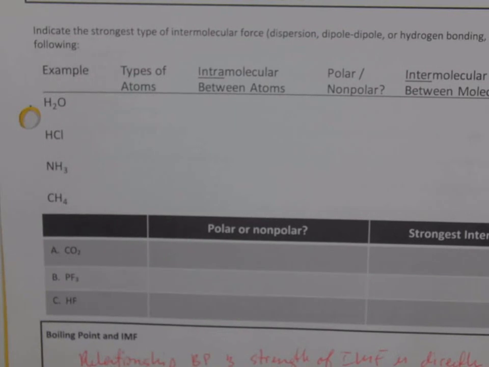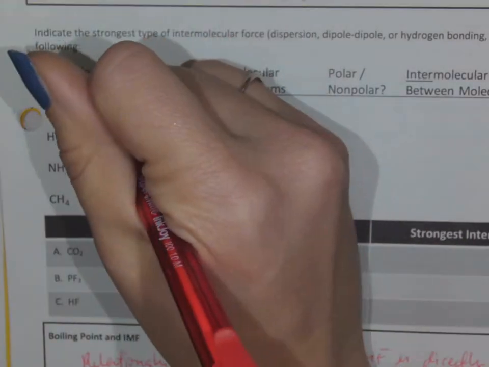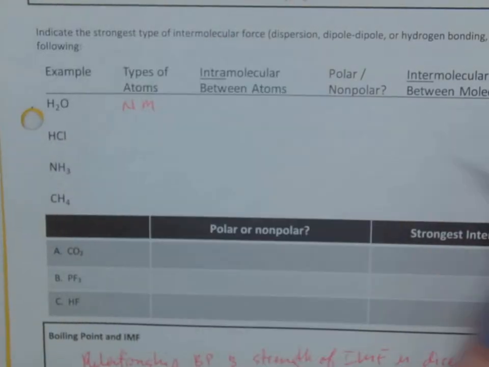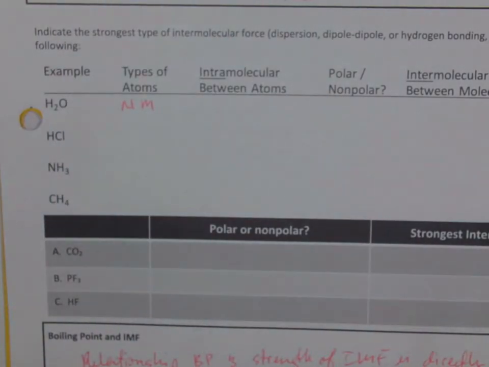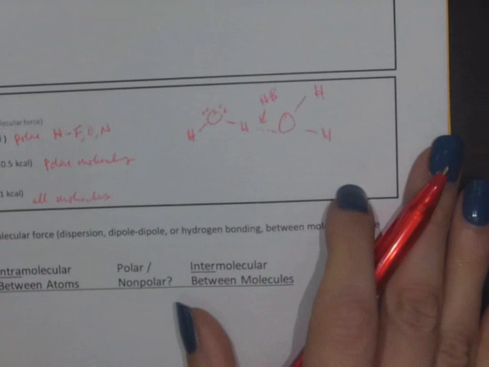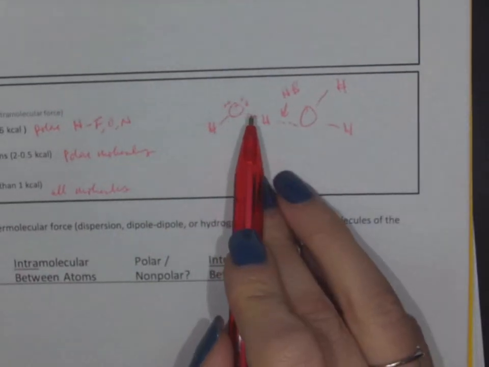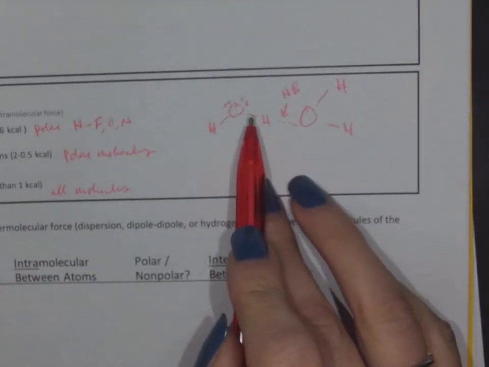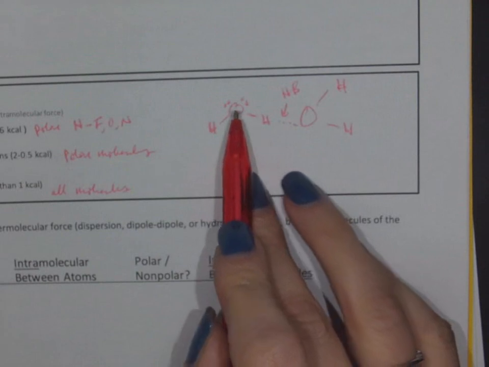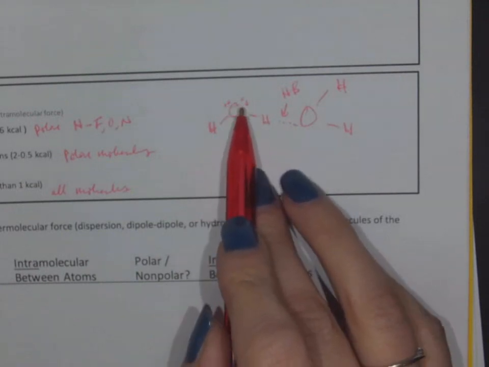We have water, H2O, and these are non-metal atoms. And so the intramolecular, like the bond, if we're looking at this diagram, this is our intra, this is our inter. So the intra is a covalent bond.